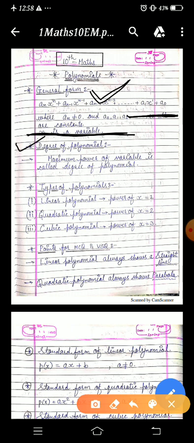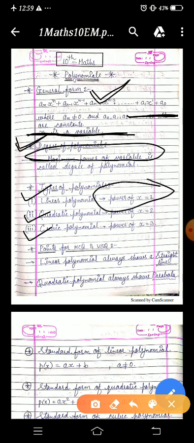Then we studied the degree of a polynomial. The degree, that is the maximum power of the variable, is known as the degree of the polynomial. The three types of polynomials we are going to study in 10th standard are linear polynomial, degree 1, quadratic polynomial, degree 2, and cubic polynomial, degree 3.